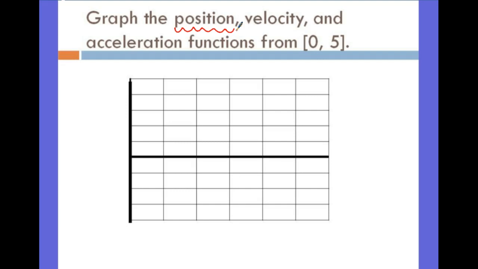The initial position is 3, so that means 1, 2, 3. And then we know at 2 seconds, it was -1. Found that in letter J.